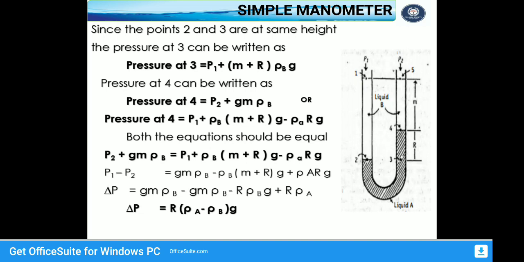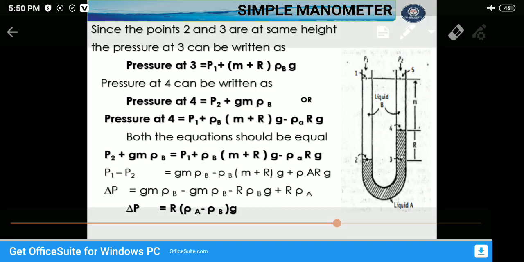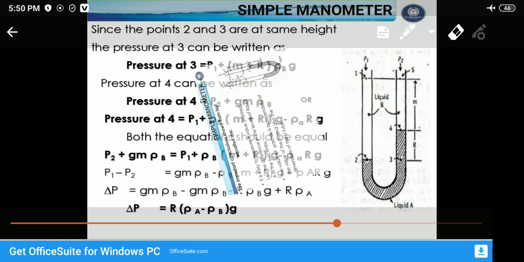Therefore, delta P is equal to G m rho B minus G m rho B minus R rho B g plus R rho A g. Therefore, delta P is equal to R into (rho A minus rho B) into G.